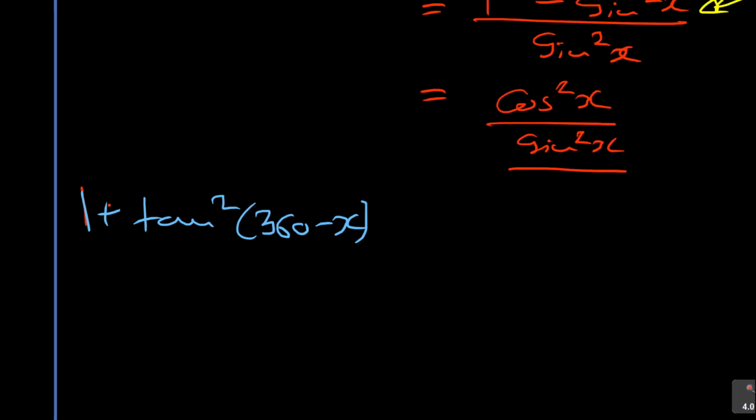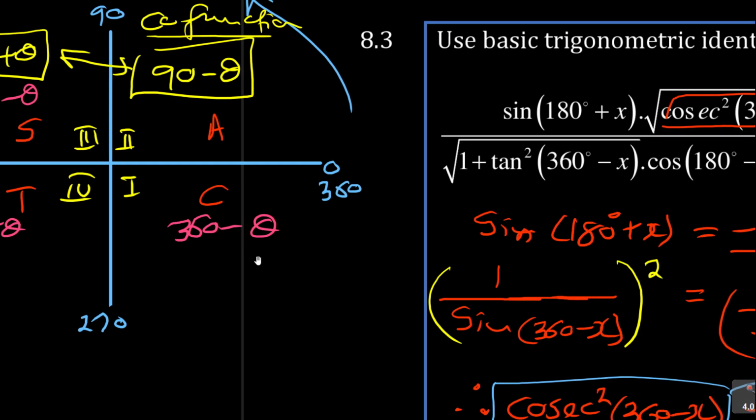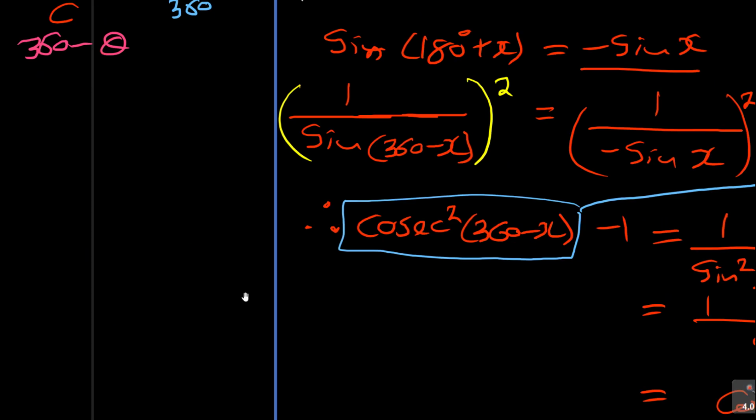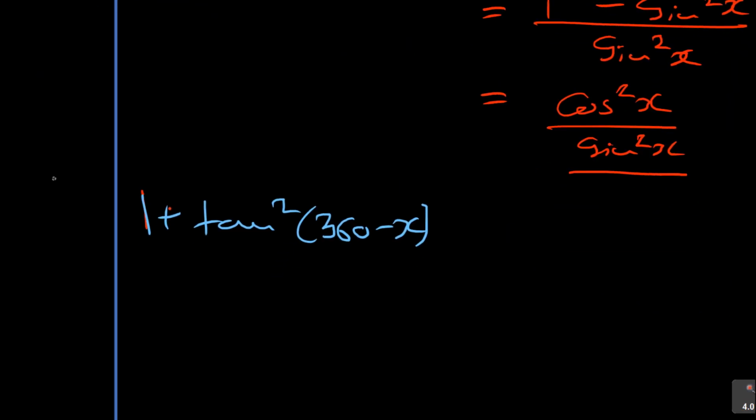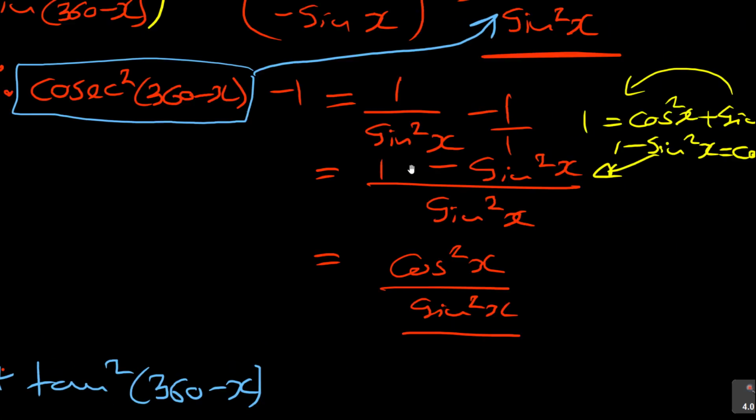What you need to remember, again, is that for the angle 360 minus x, tan is negative. So what will I have here? This is same as saying 1 plus bracket, negative tan x squared. You see, just like we did with cos.